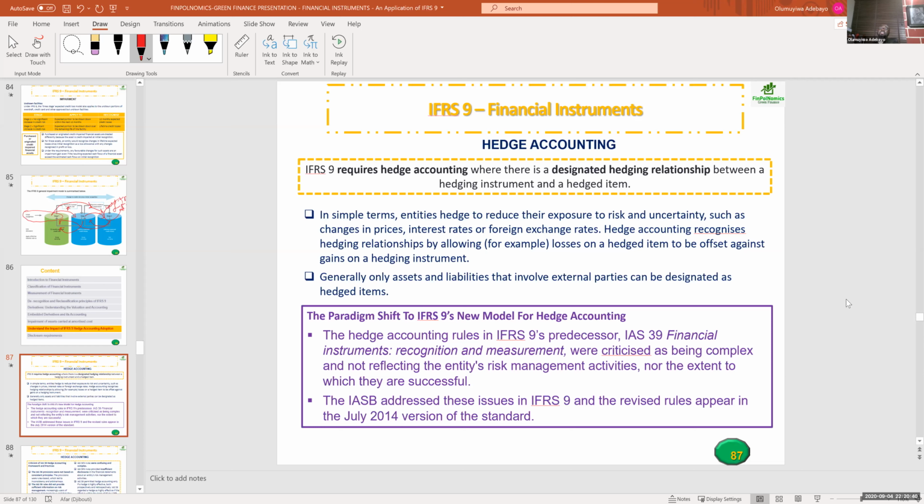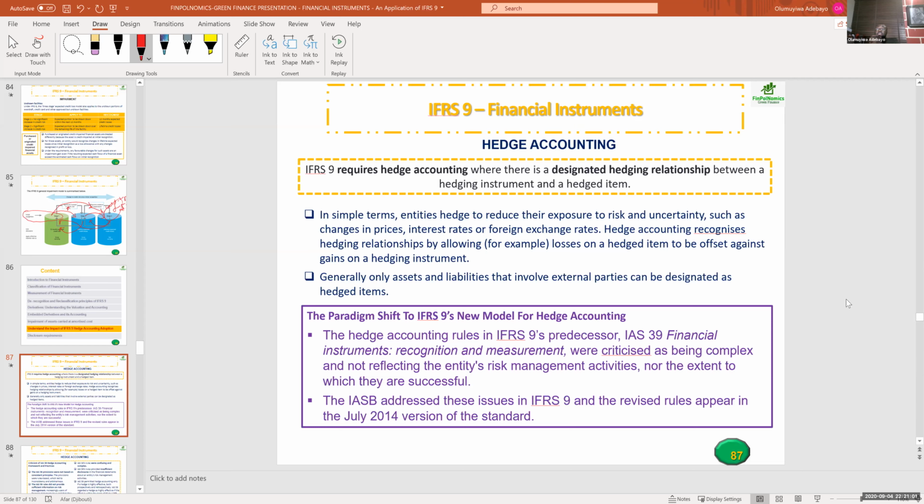Now, the question then is, what then is the role of hedge accounting in all this? Because without hedge accounting, I will have simply measured my derivative at fair value, and the impact of the fair value goes directly to my profit or loss.